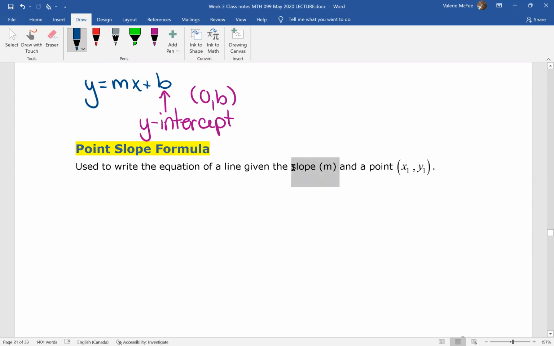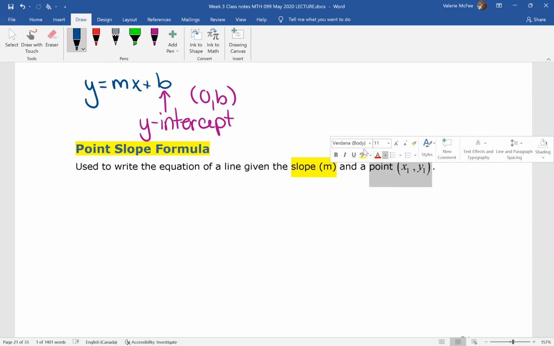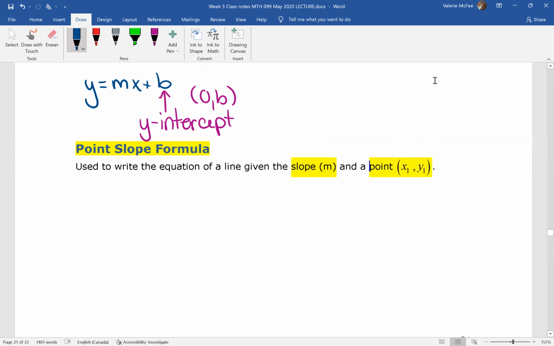So we need two things for this formula. We need a slope and a point, and we're going to label that point x1, y1. So this formula is y minus y1 equal to the slope times x minus x1. Now you'll notice I wrote parts of this equation in purple.